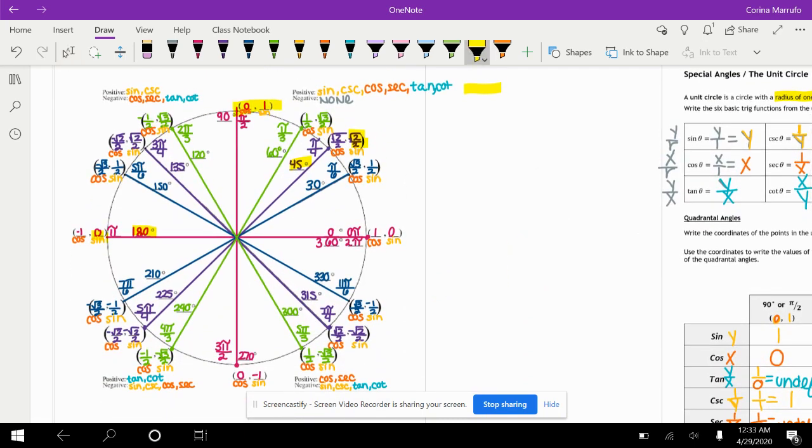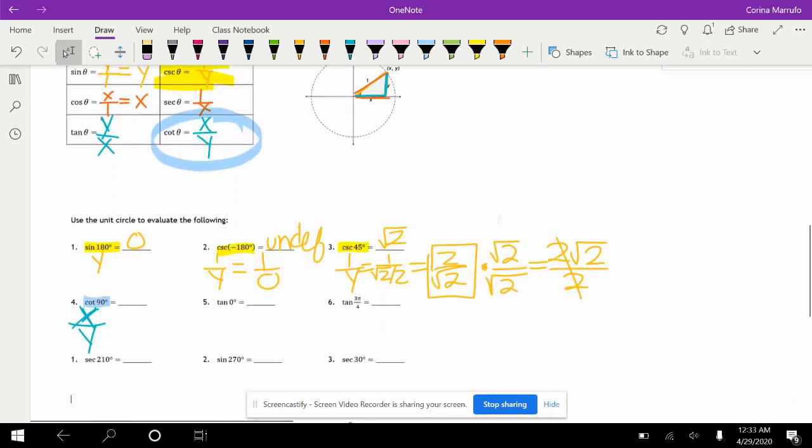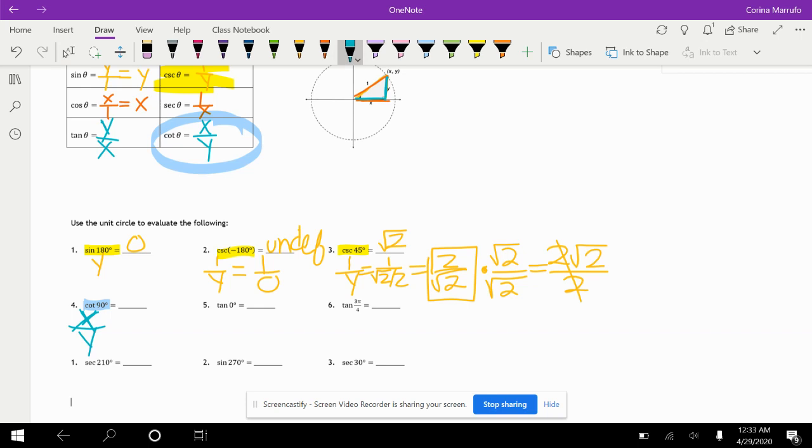So our x value is 0 and our y value is 1. When we plug this in, remember our x value is 0 and our y value is 1. So this time we're doing 0 divided by 1. This is different than problem number 2 because the 0 is on top. So this doesn't give you undefined. This gives you 0. Okay.